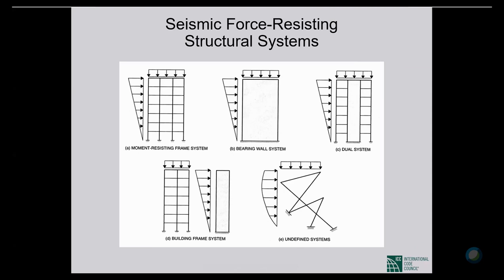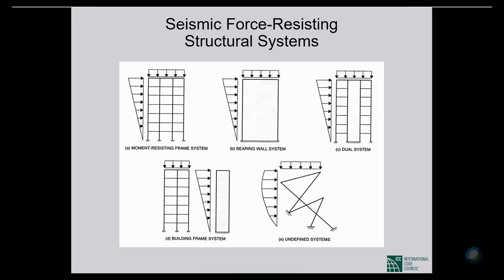Now the earthquake force resisting structural systems. We have basically four recognized systems. And then everything else is called undefined structural systems. In BNBC, they are called special structural systems.